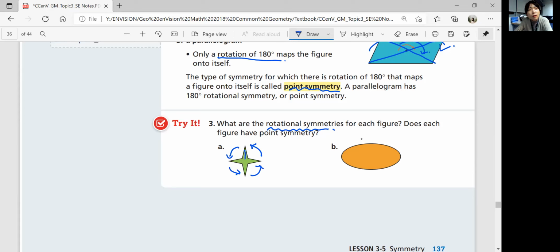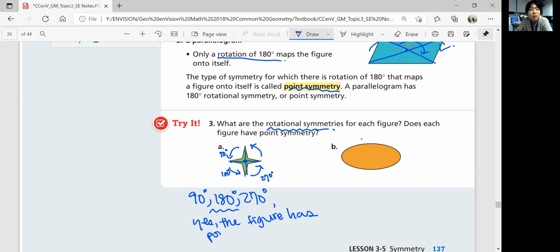Think about the angles, the center of rotation over here, from here to here, from here to there. You have exactly 90 degrees, 180 degrees, 270 degrees until you hit the full circle, right? And does it have point symmetry? Because you have a rotation of 180 degrees, yes. The figure has point symmetry.